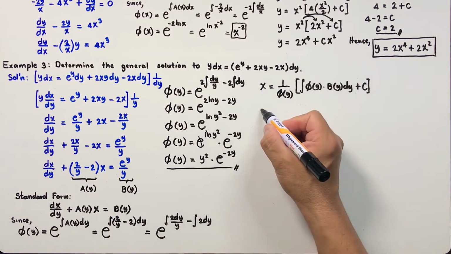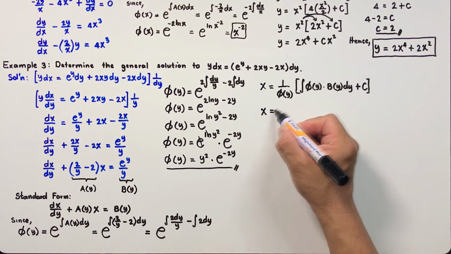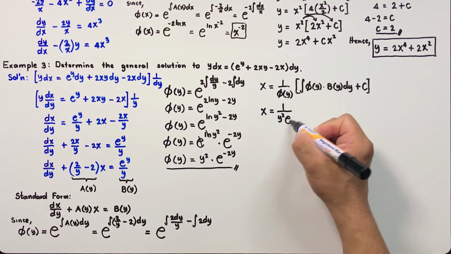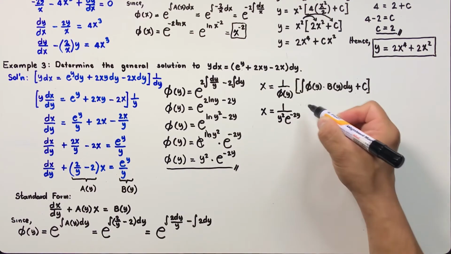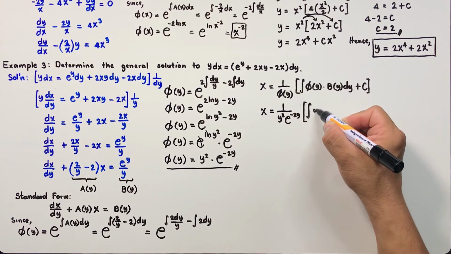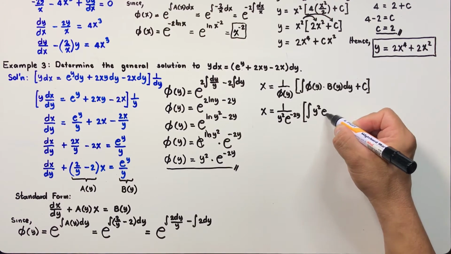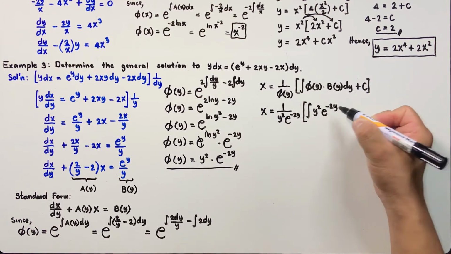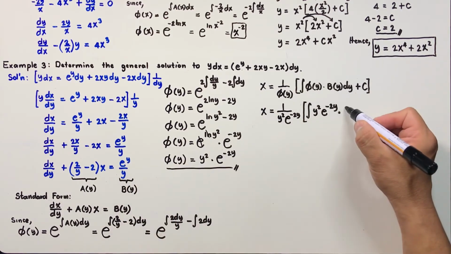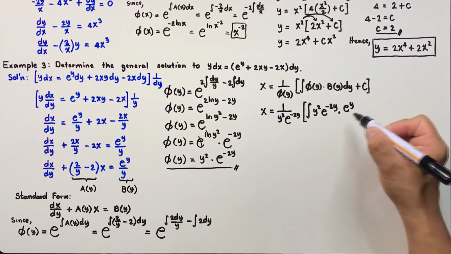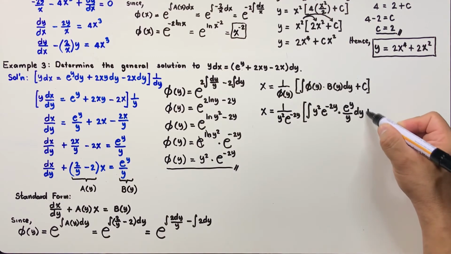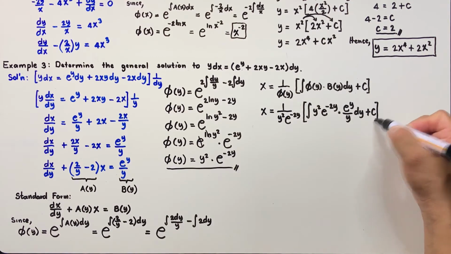So substituting this phi of y, which is y squared times e to the power negative 2y, in the integral of our phi of y, which is y squared times e to the power negative 2y, times our b of y, which is this one here, e to the power y over y dy plus the constant of integration c.